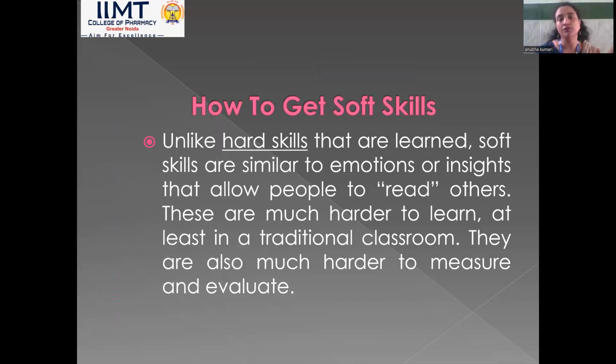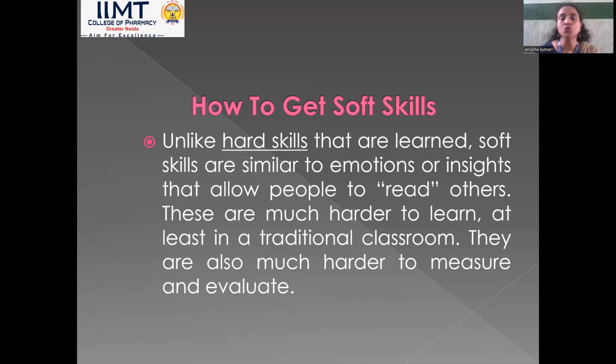Now that we have known what the different kinds of soft skills are, we also need to understand how to get soft skills. Students can learn hard skills, the technical languages, from books, but soft skill is not like that. It is a combination of emotions, perception, insights, and how they actually understand other people.